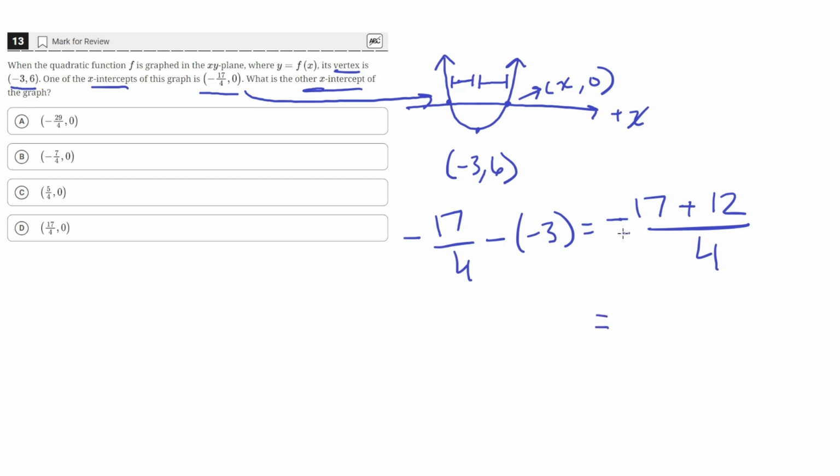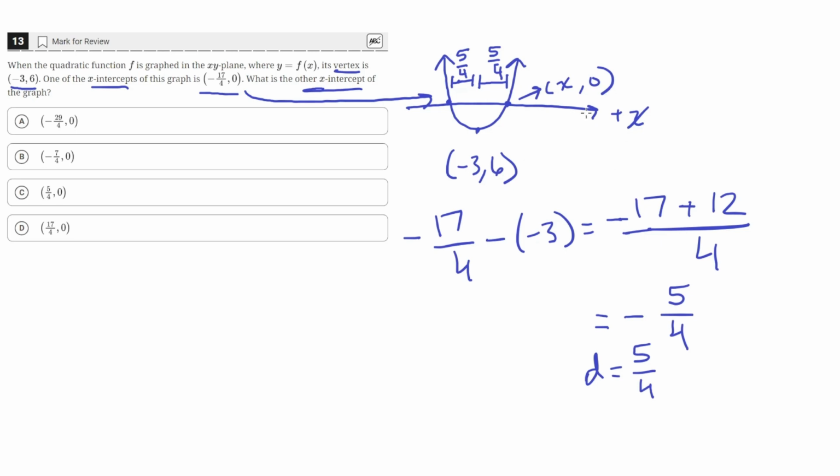So negative 17 plus 12 is equal to negative 5 over 4. And that's the negative distance, so the real distance is just 5 over 4, since distance can't be a negative value. So this distance between this x-intercept and the vertex is 5 over 4, and that means so is this distance.